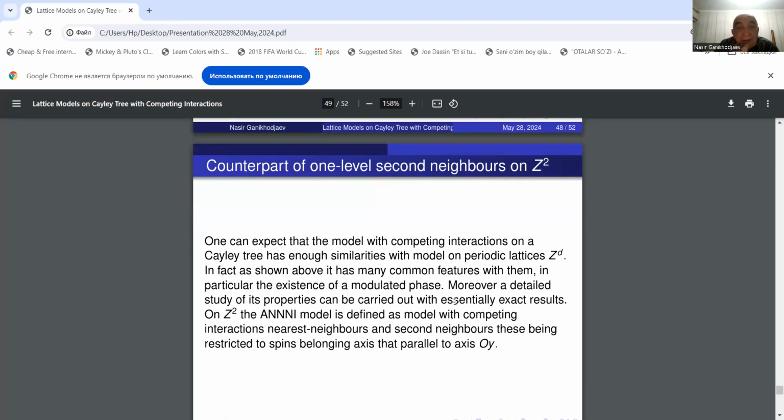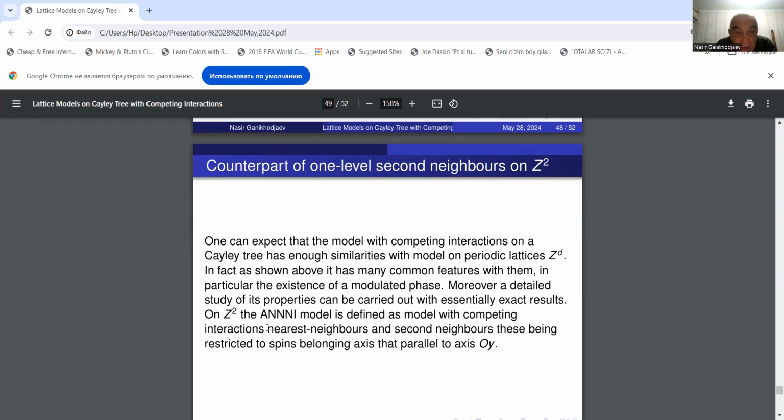That is, for K3, we can find exact solutions solving the recurrent equations. For Z^d, we cannot do this. We can only approximate or estimate some values of the parameters where we have modulated phases and other phases.